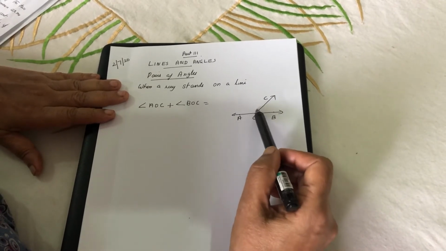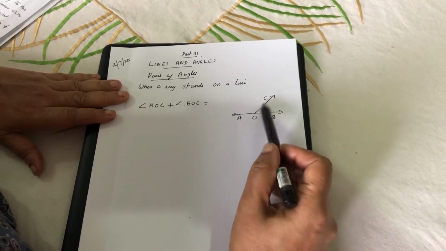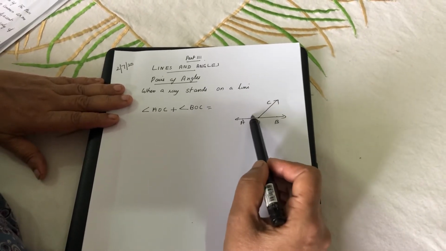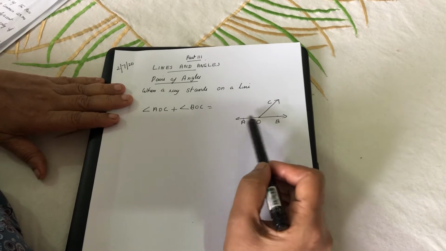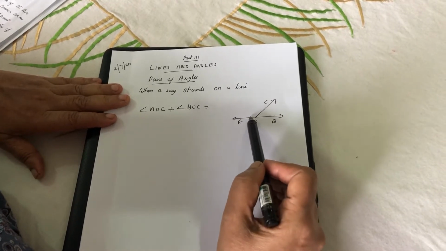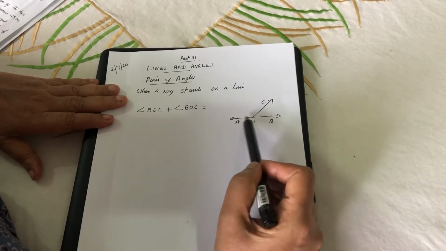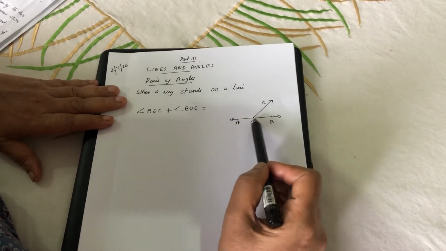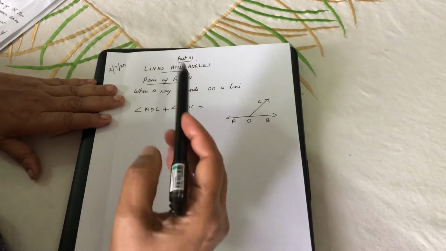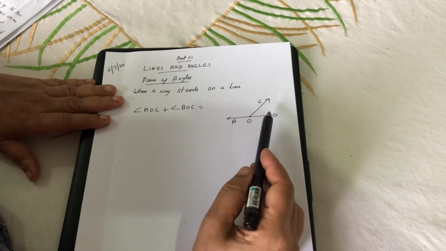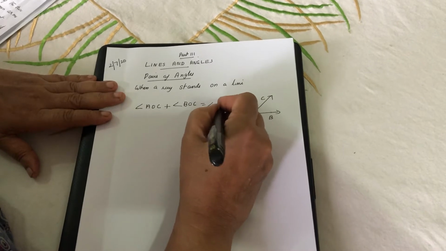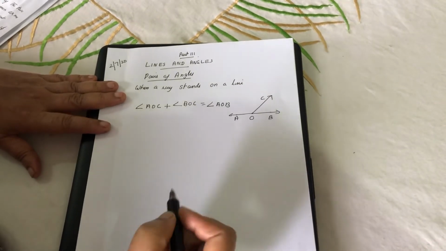So this is two adjacent angles AOC and BOC. When you are adding these two, that is equal to the angle formed by the non-common arm. So OA and OB are the non-common arms. Therefore angle AOB is equal to angle AOC plus angle BOC.